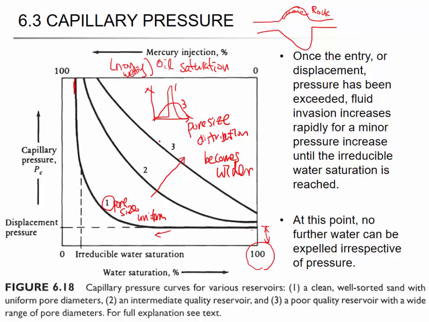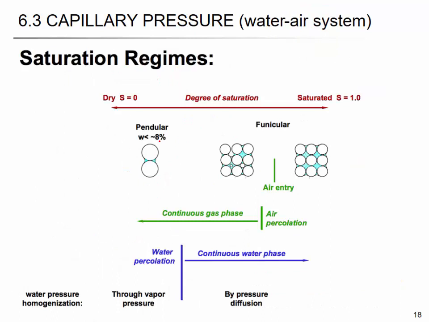Okay. I think this is pretty similar to the water and air system. So the water and air system and the water and oil system have very similar characteristics. And in soil mechanics, for the very near surface, we have unsaturated soil mechanics, right? And depending on the saturation, it has different stages.